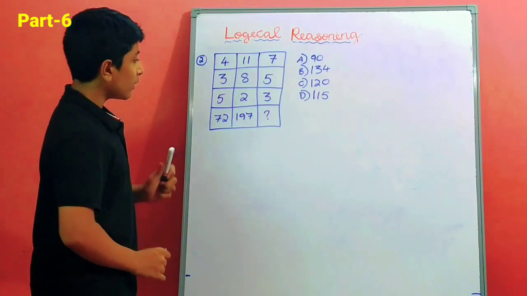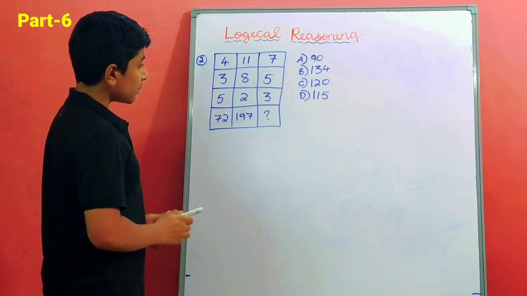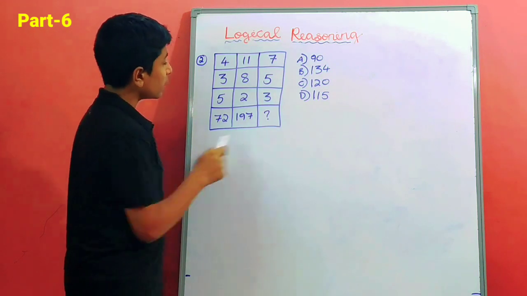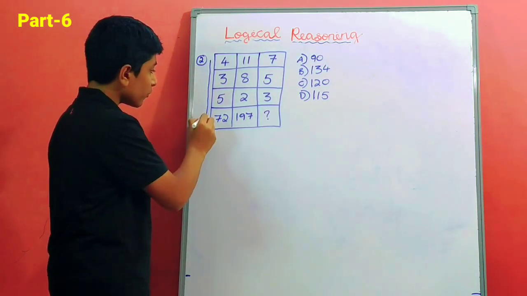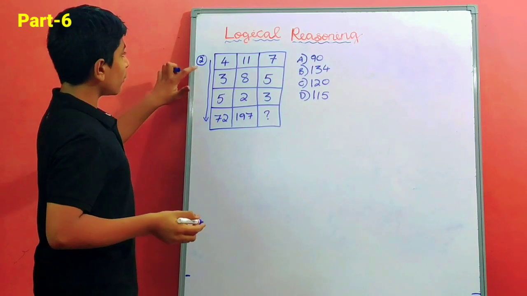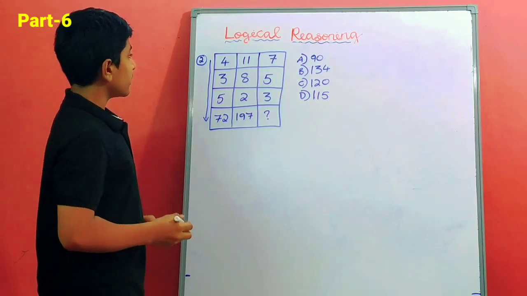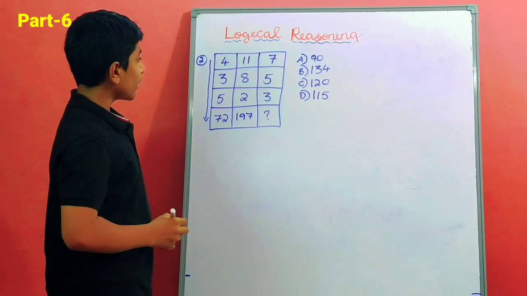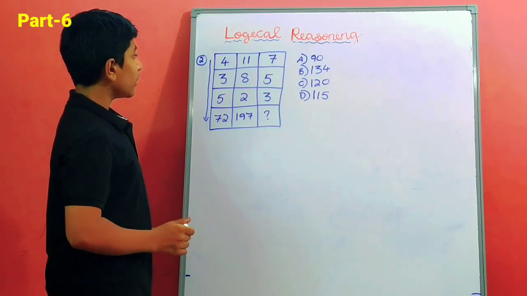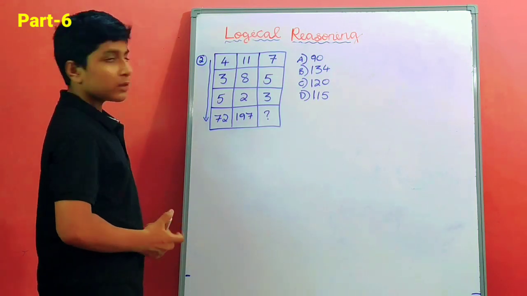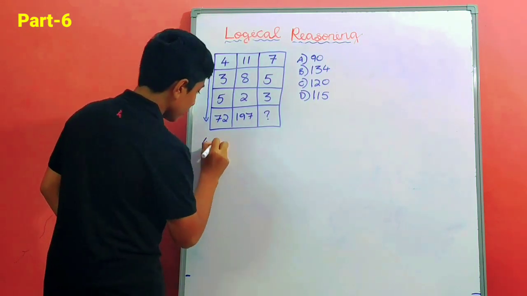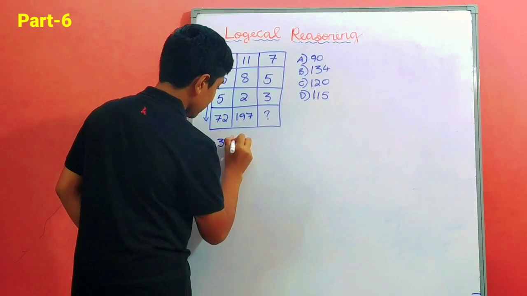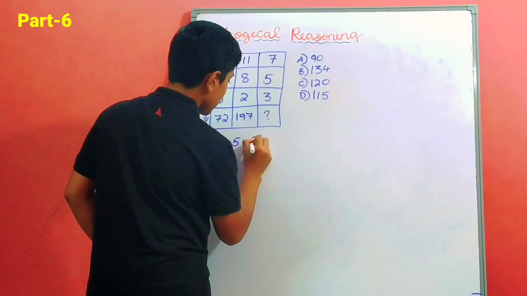Hope you have tried it. Here we can see that the greatest numbers are in the bottommost row. So we can start the operations with the first three rows. It is 4, 3 and 5. So let's try this. 4 times 3 times 5 will be 60.